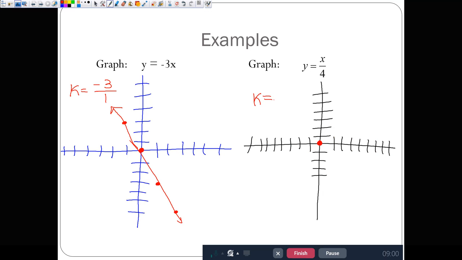What do you think my k is going to be? 1 over 4. So there's a 1 in front of x, and it's over 4. Okay? So I'm going to go up 1 and to the right 4. 1, 2, 3, 4, and plot that point. Up 1 to the right 4. Plot that point. And then connect my lines.